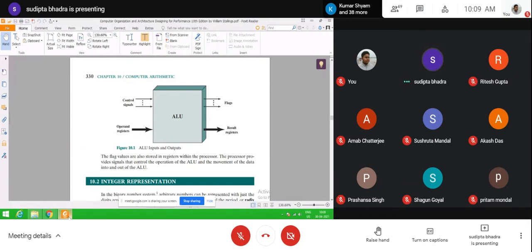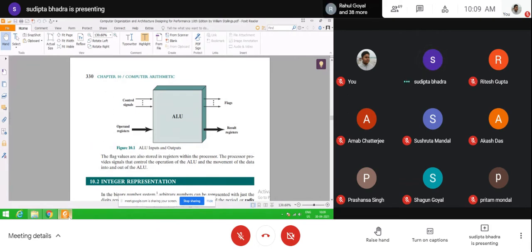The value of x you have to retrieve from memory and store in a register in the CPU, and likewise the value of y. These two register values are used as operands for the addition.